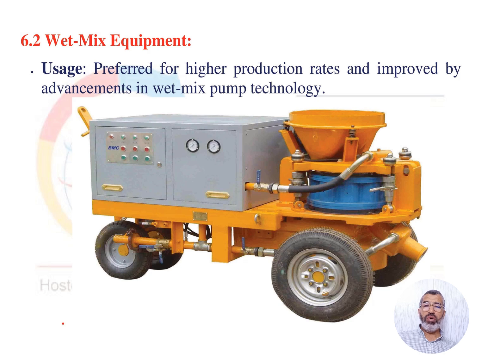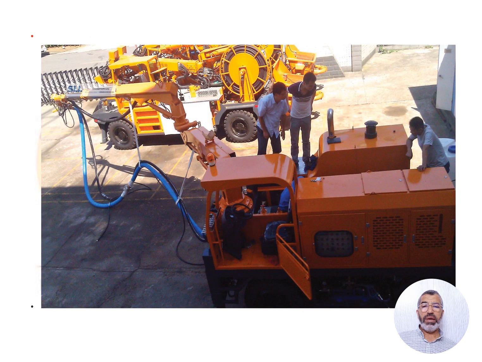For the wet mix equipment, which is preferred for higher production rates and improved by advancement in wet mix pump technology, as you see here, this unit is used for wet mix shotcrete, and here also is an air compressor.